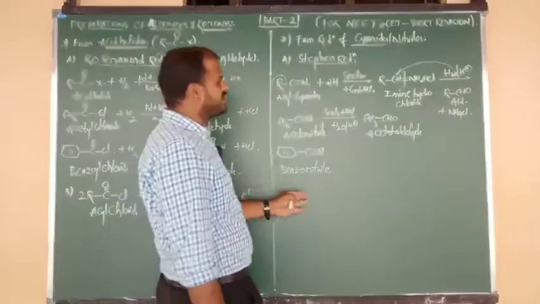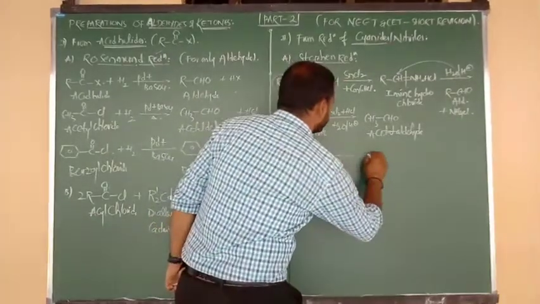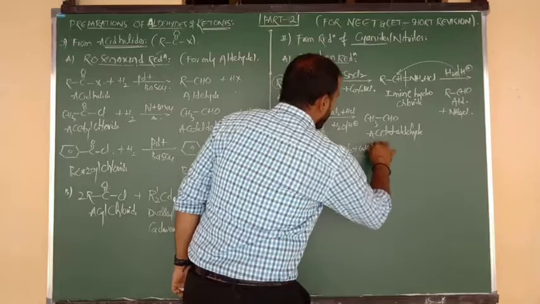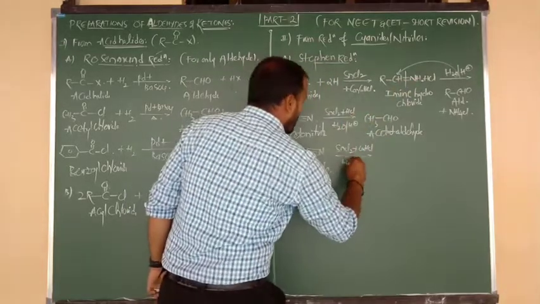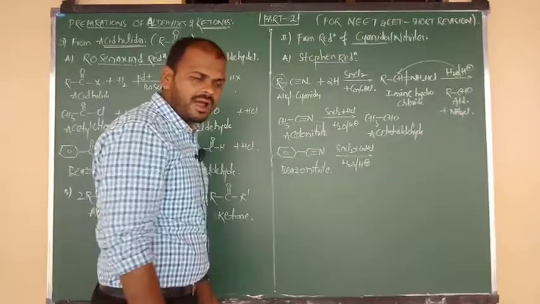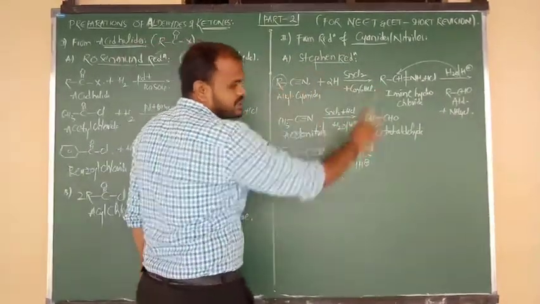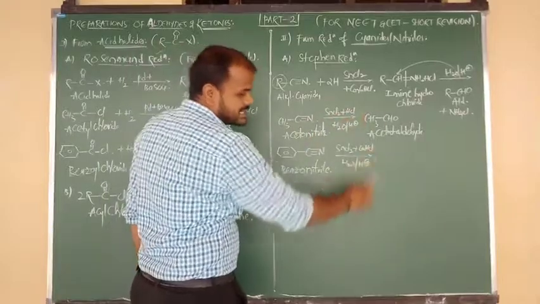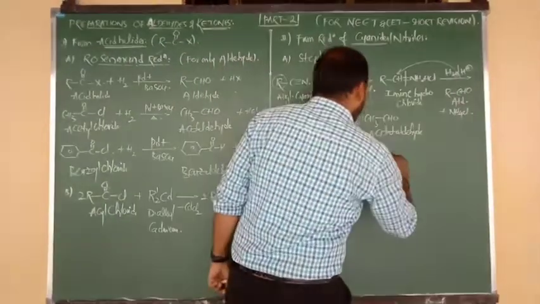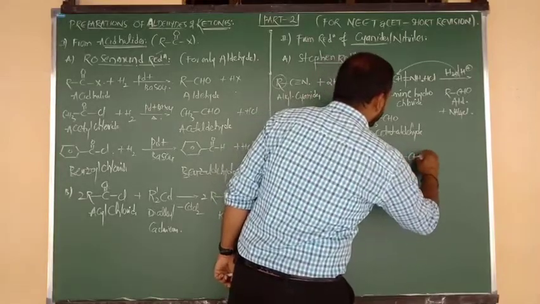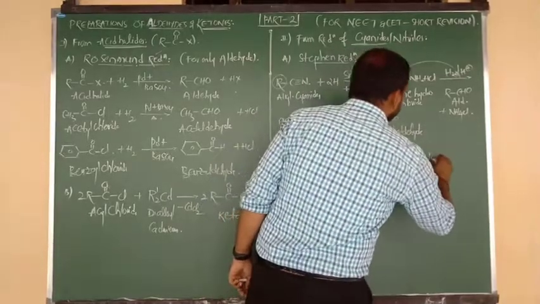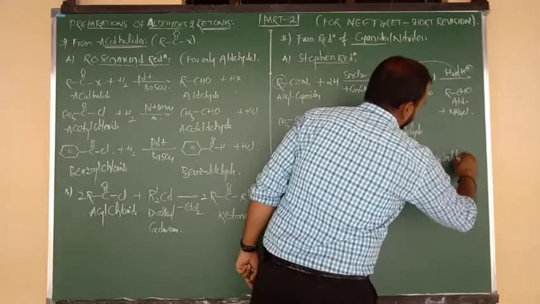Benzonitrile upon reduction with the Stephen reducing agent SnCl2 plus concentrated HCl, followed by the second step, hydrolysis in acidic medium, gives an aldehyde. RCN changes into RCHO, CH3CN changes into CH3CHO, and benzene CN changes into benzene bonded to CHO. Here you get the product benzaldehyde.